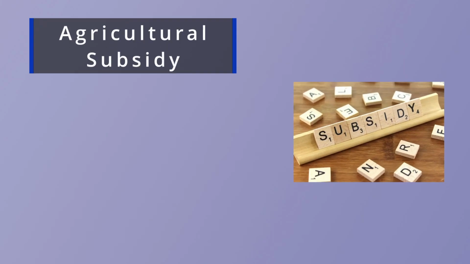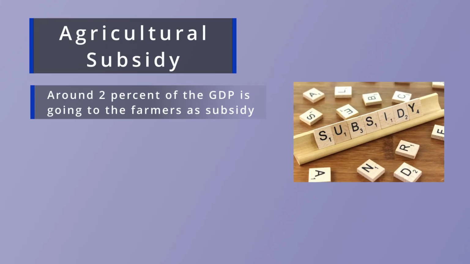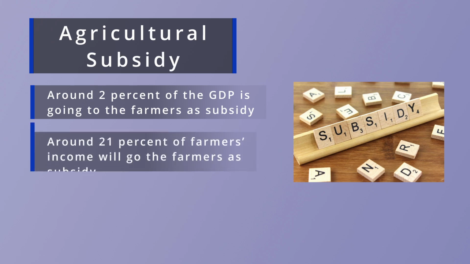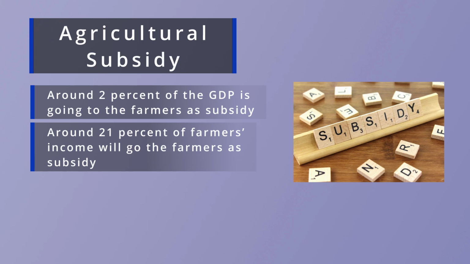Now we are going to discuss the second part of the unit, that is the agricultural subsidy. If you go through the data, we can see around 2% of India's GDP is going to the agricultural sector as subsidy. If we look at the income of the agricultural farmers, then around 21% of their income is actually the subsidy given by either the state government or the central government.